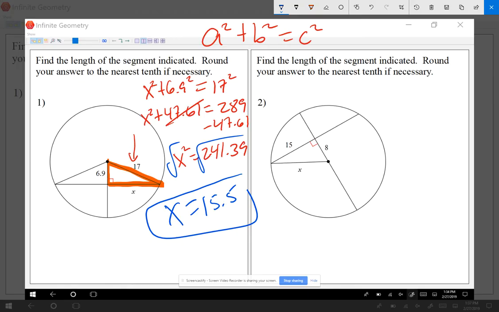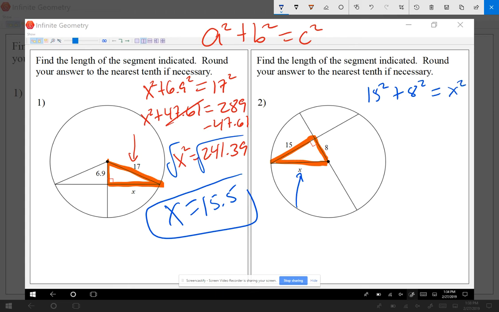Same thing I'm going to do for question number 2. I see 15, 8, and x make a right triangle. I know two sides, I can find a third side. I look at the length of the three sides. It looks like x is the biggest, so that's my C. So I'm going to go 15 squared plus 8 squared equals x squared.